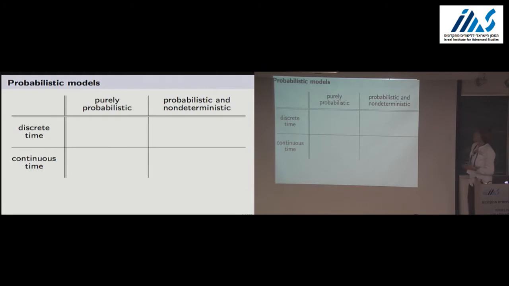To classify probabilistic models, there are various dimensions. Let's mention just two dimensions. There is the purely probabilistic case, where we do not have non-determinism anymore, and there is the case where we combine probabilism plus non-determinism, and this is typically very crucial when modeling the interleaving of concurrent systems.